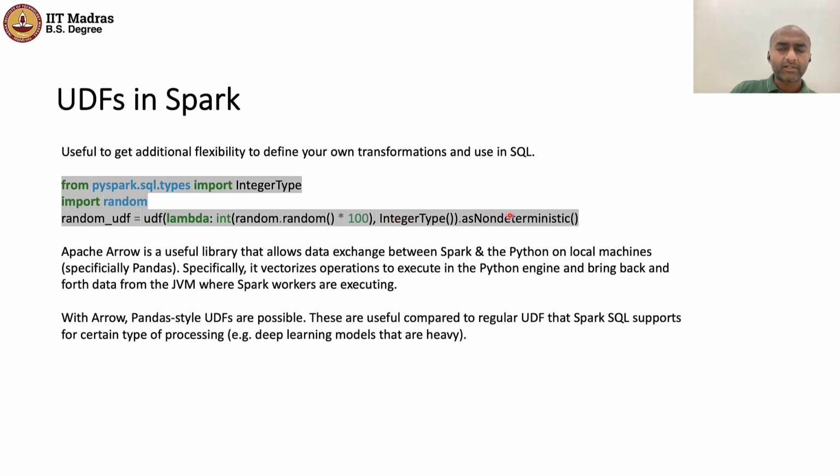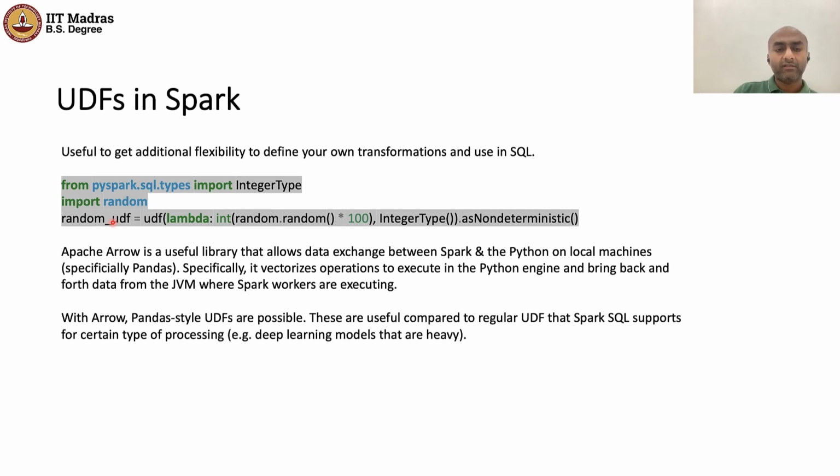In this case, it's an integer type, non-deterministic, and that is your UDF. In this case, I'm generating random numbers, so my function name itself is random_udf. Now in your SparkSQL, you could say spark.sql, random_udf, give it some parameter, and you're done. That's how you use the UDF.